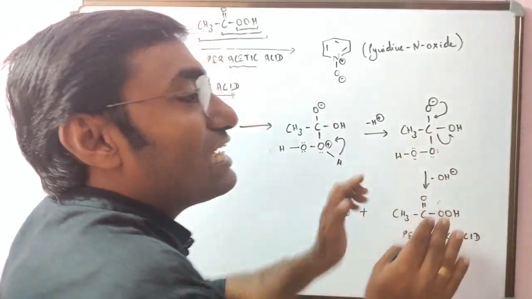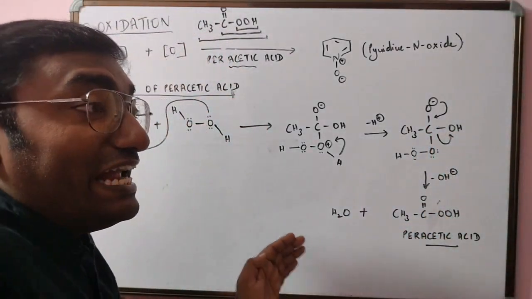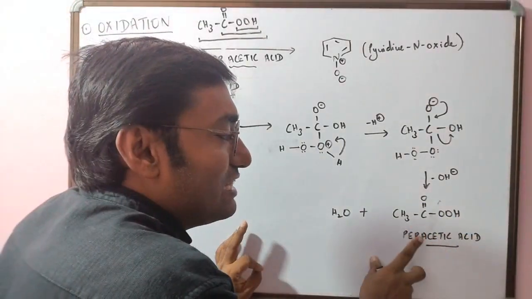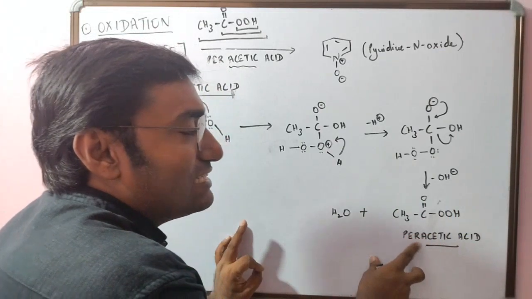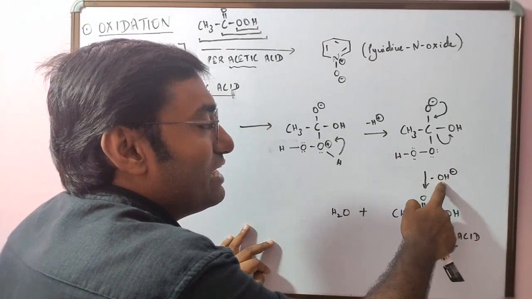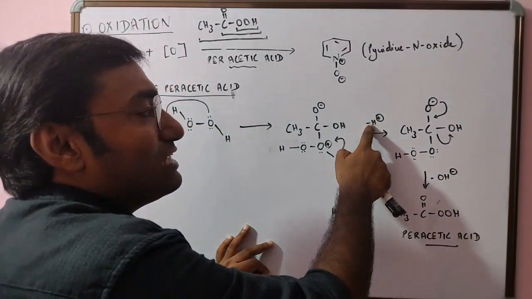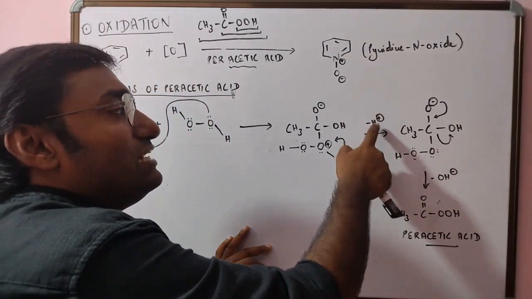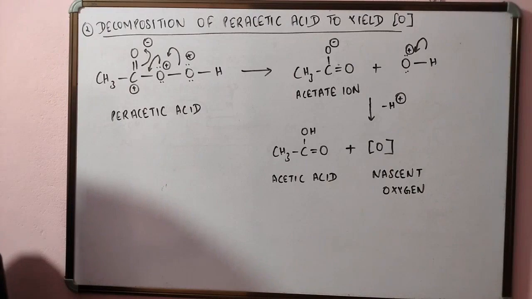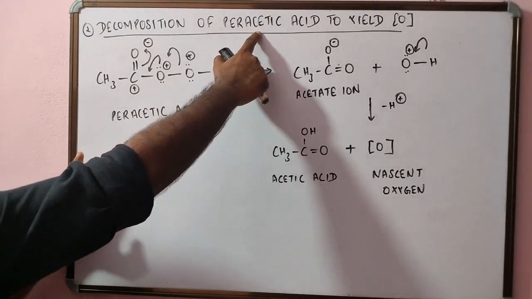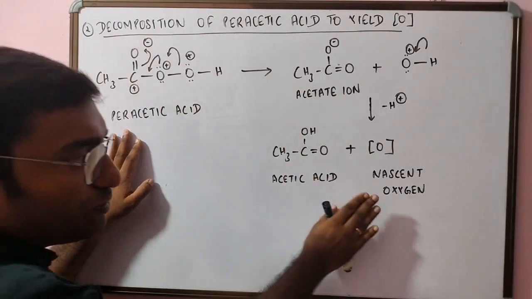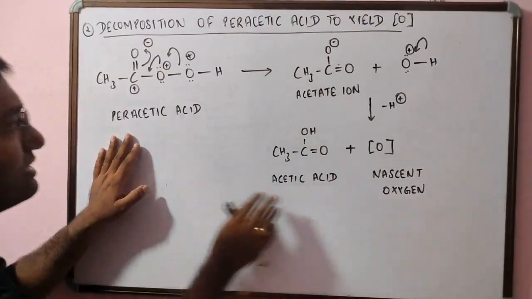This is because the carbon can have a maximum of 8 electrons in the outermost shell, and this results in the formation of peracetic acid. The OH minus that is eliminated combines with the H plus that was eliminated in the preceding step to form H2O.